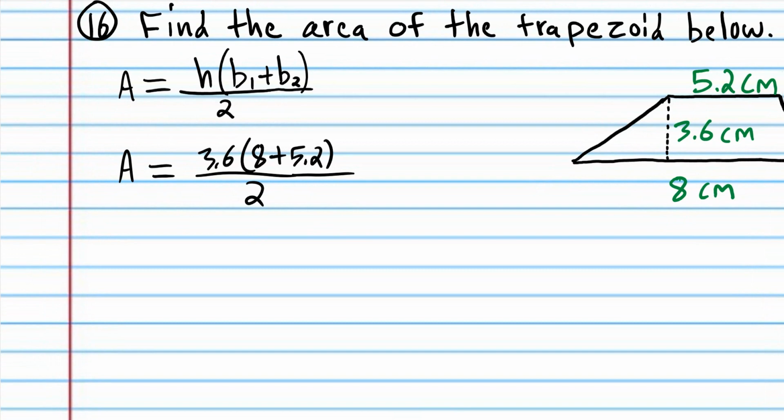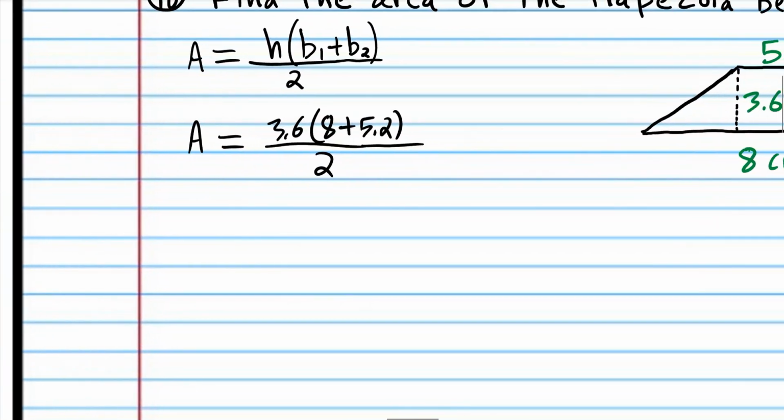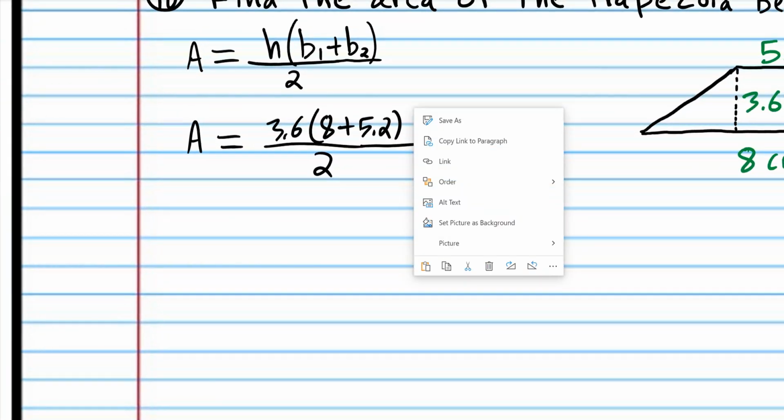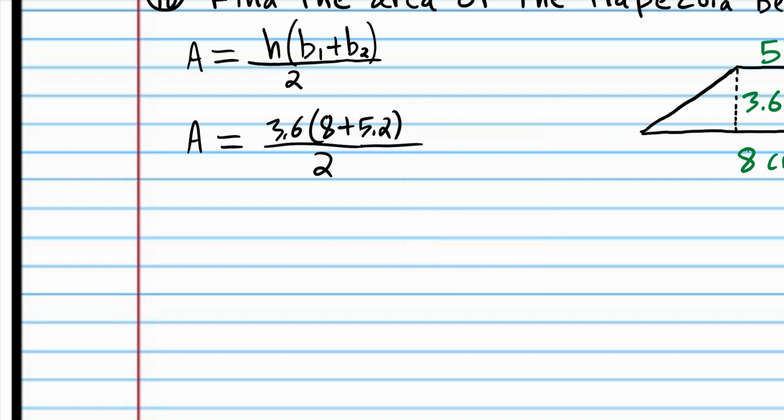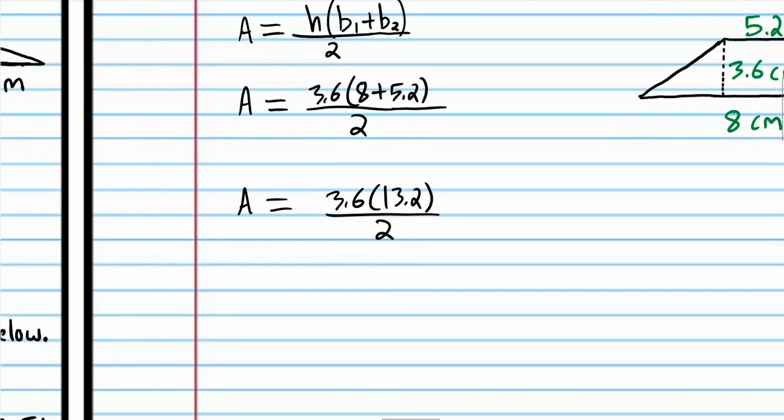Now remember, you have to follow the order of operations. So that means we have to do parentheses first. So 8 plus 5.2 is 13.2. And 13.2 times 3.6 is 47.52.